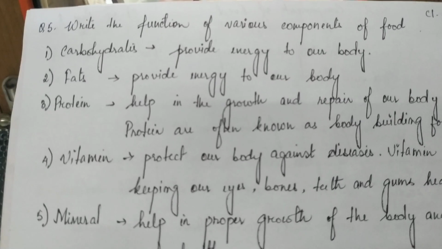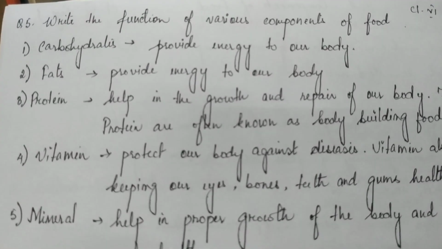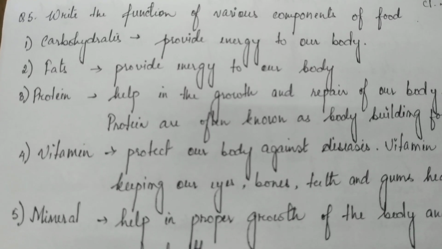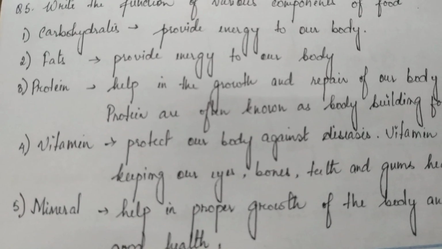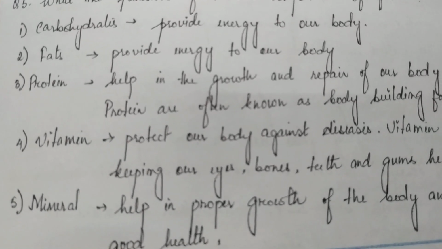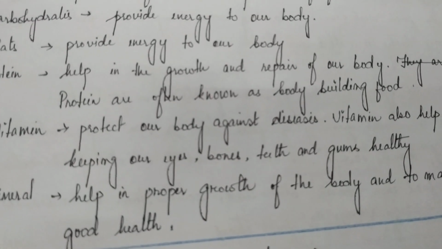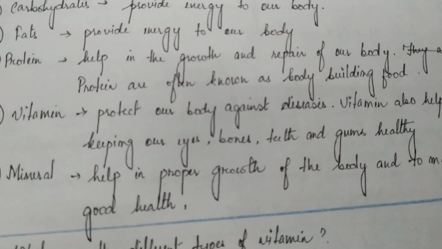Write the functions of various components of food. Carbohydrates provide energy to our body. Fats provide energy to our body. Proteins help in the growth and repair of our body. Proteins are often known as body building foods.